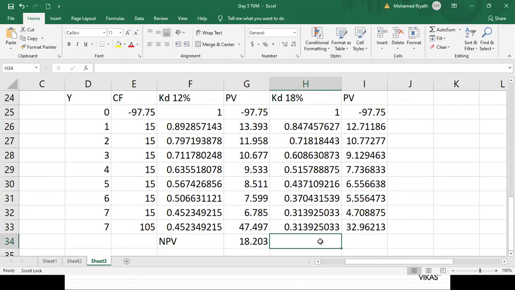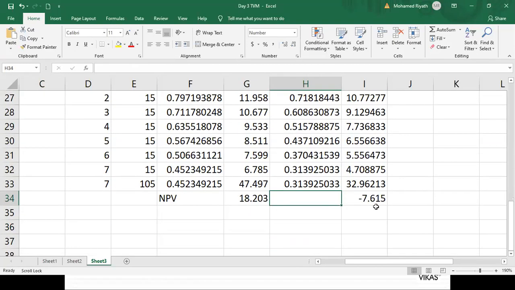Now we will find NPV. 7 point minus 7.615.